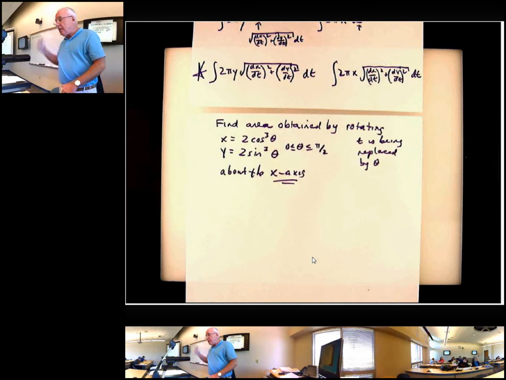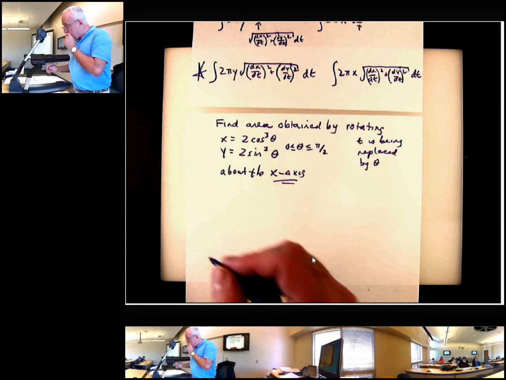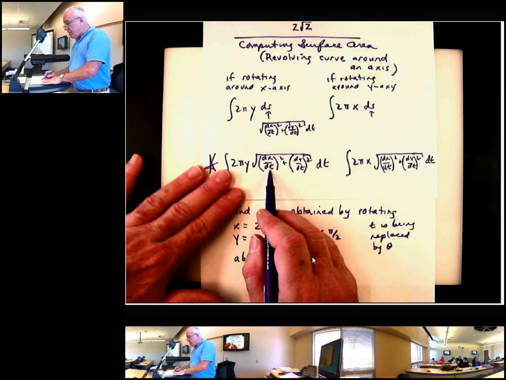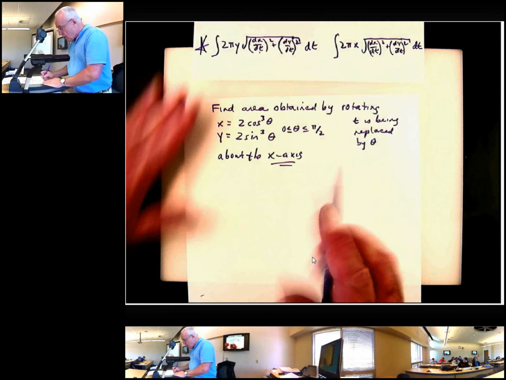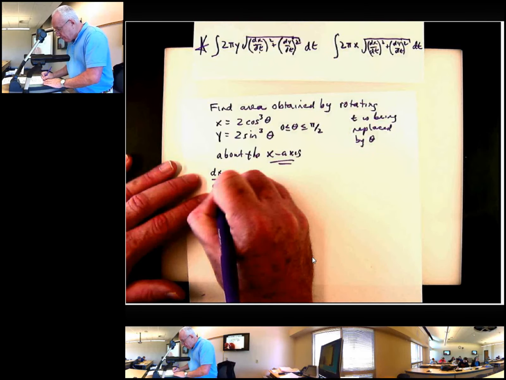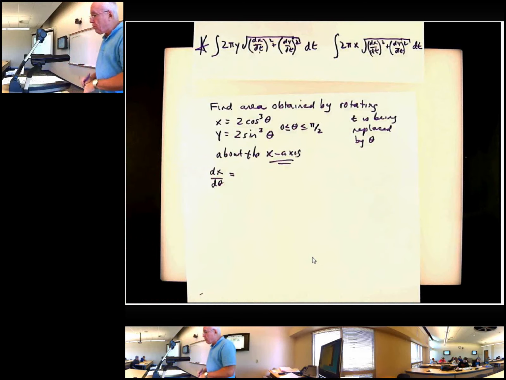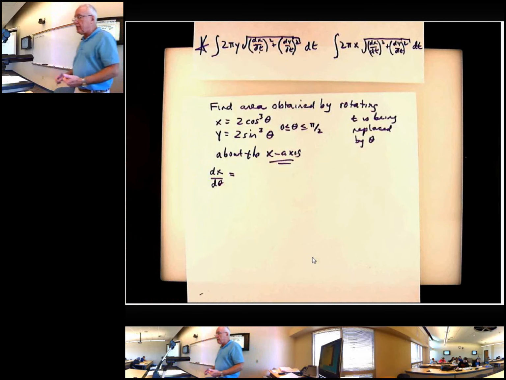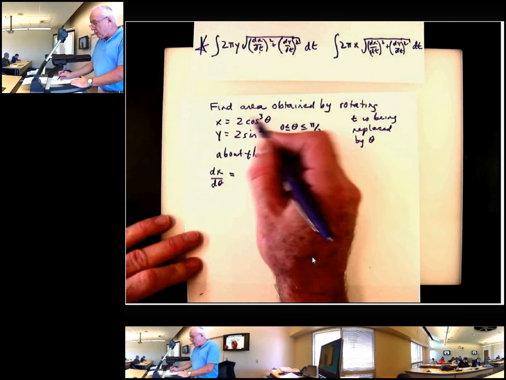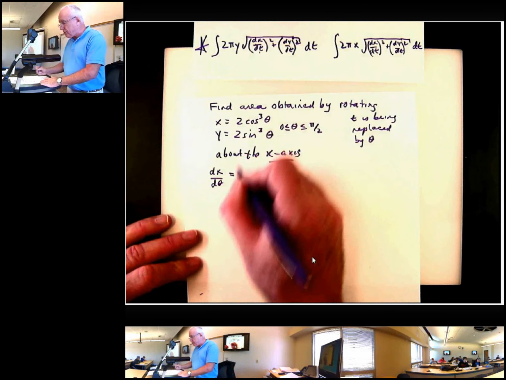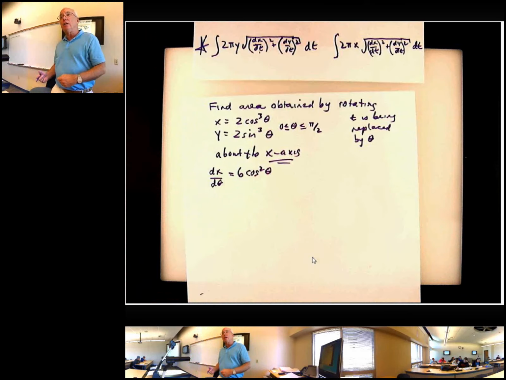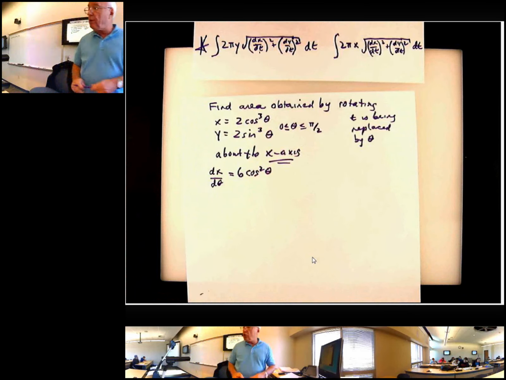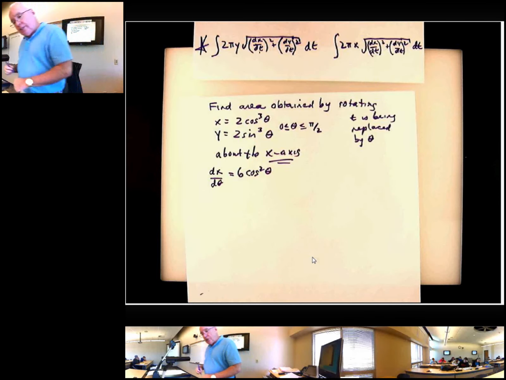So first of all, we need to get dx/d theta and dy/d theta, because we're going to have to be squaring those. So let's find dx/d theta. Here's our x, so we're going to need to use the chain rule. We bring our exponent of 3 down, so 3 times 2 is 6. Then we have a cosine squared, and then with the chain rule we multiply by the derivative of the cosine, which is negative sine.